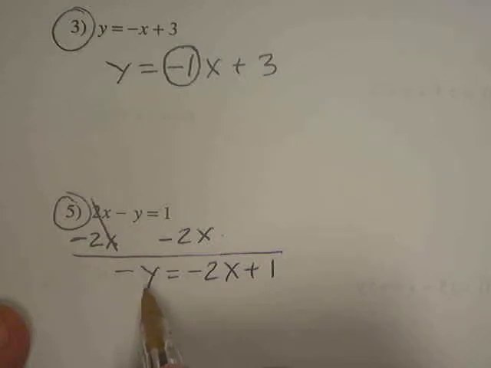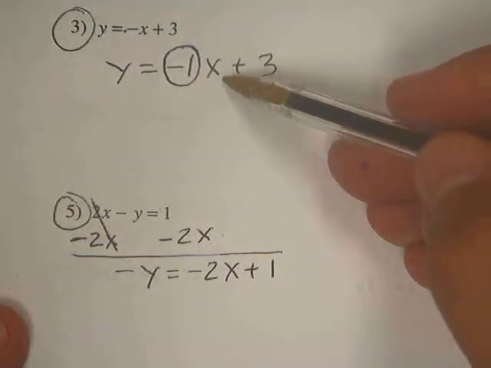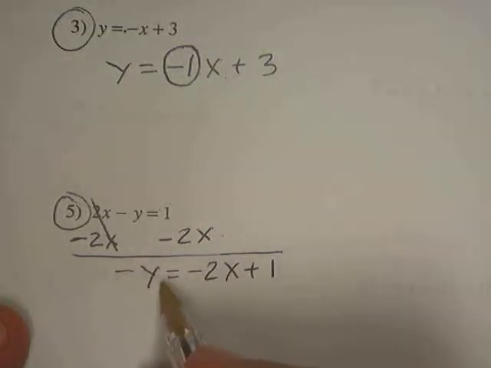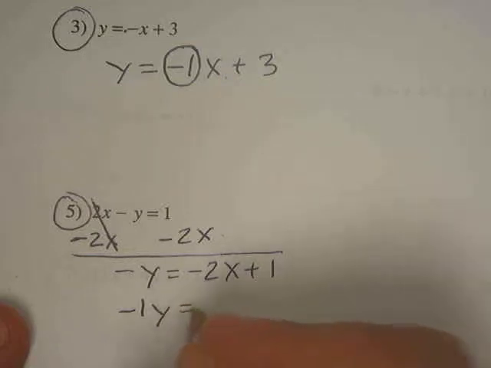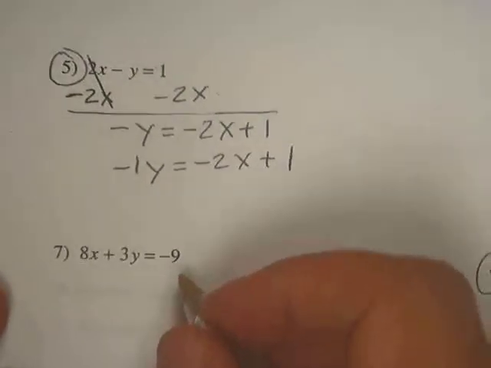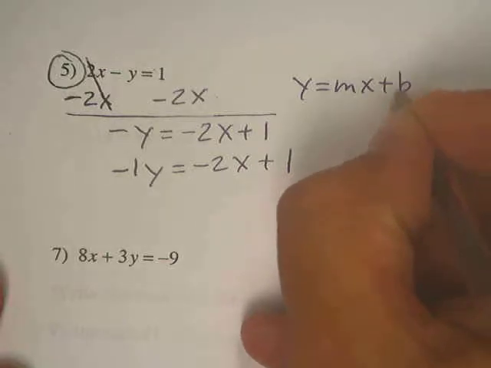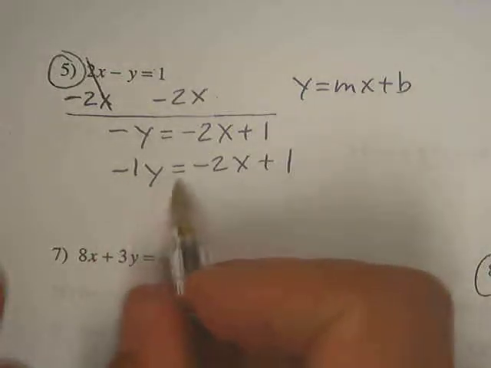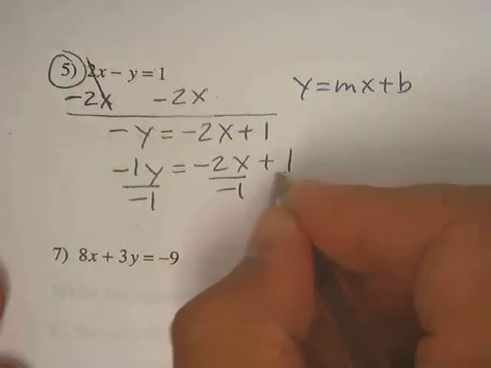Now, remember before what I had up here, negative x stood for negative 1x, right? Well, now I have a negative y. That stands for negative 1 times y equals negative 2x plus 1. Well, I have to put it in the form y equals mx plus b, right? So I'm going to have to divide by that negative 1.